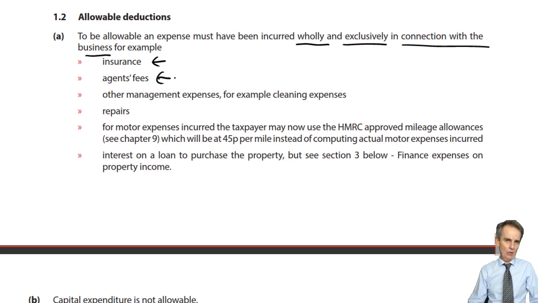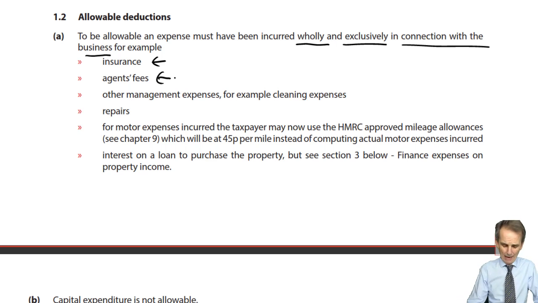You'll incur agents' fees. Again, rather than managing the property yourself, you may well choose to use a managing agent, and they're going to take a percentage of your rental income that you would receive each month, each quarter, whatever basis period you may have for the collection of the rent. They'll take their 6%, 8%, 10%, whatever it was.